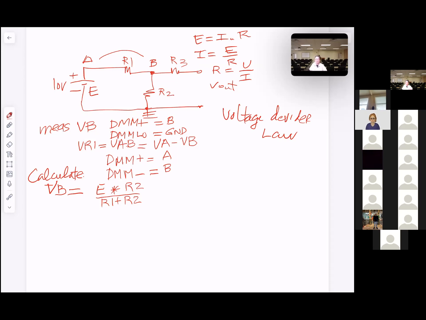Second thing, you have to memorize the unit. E means voltage, I has to be in ampere, and R has to be in ohm. That's the minimum thing technicians have to know.